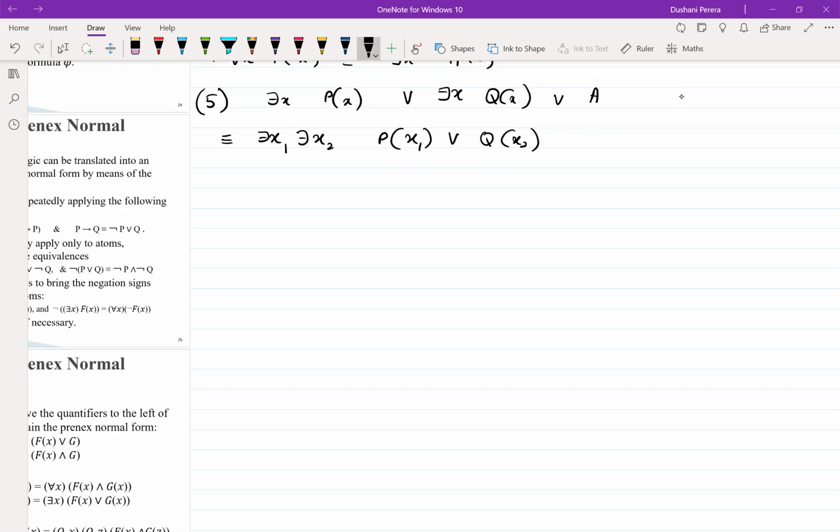Which is negation of for all x P(x) or for all x Q(x). Here you have a negation sign outside, therefore you're going to push it inside, to the literals.